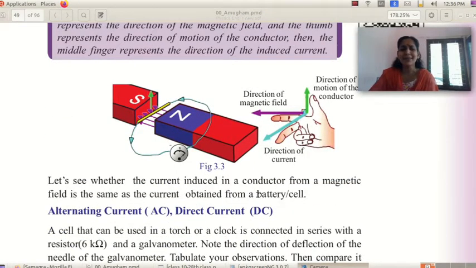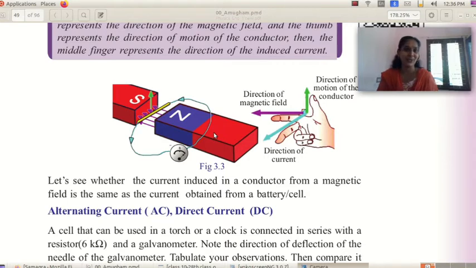Let us see whether the current induced in a conductor from a magnetic field is the same as the current obtained from a battery or cell. Here we got current due to the interaction between this conductor and the magnet. Is it the same as the current obtained from a battery or cell? I think all of you glowed a bulb using a battery or cell, isn't it?